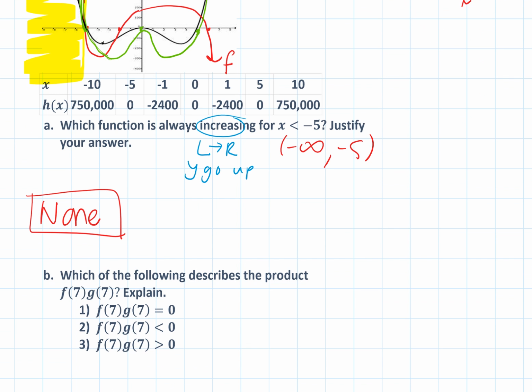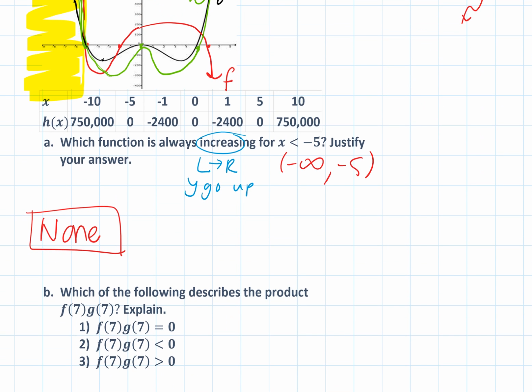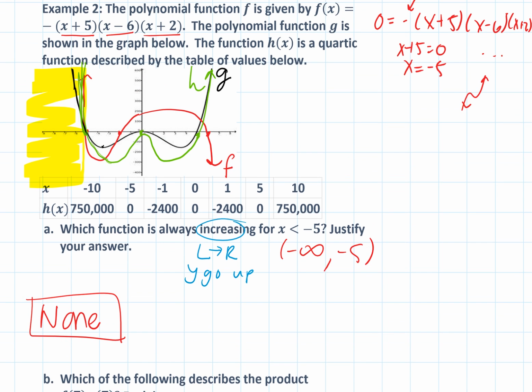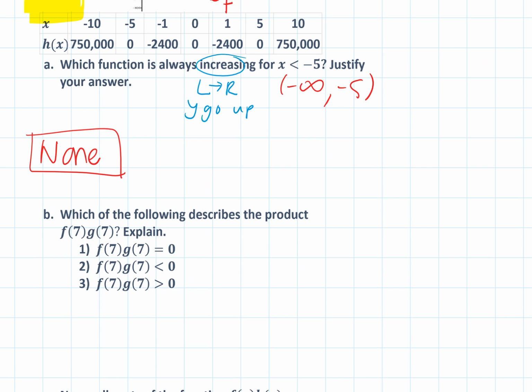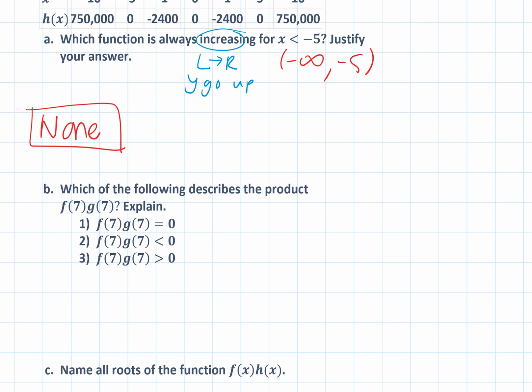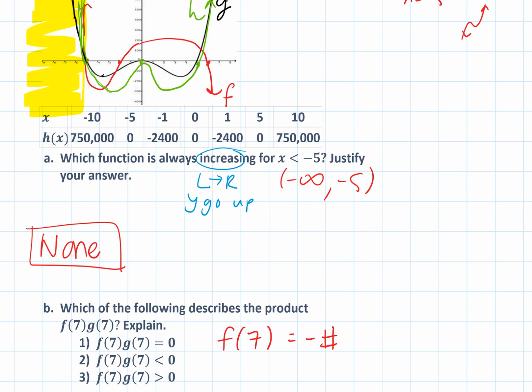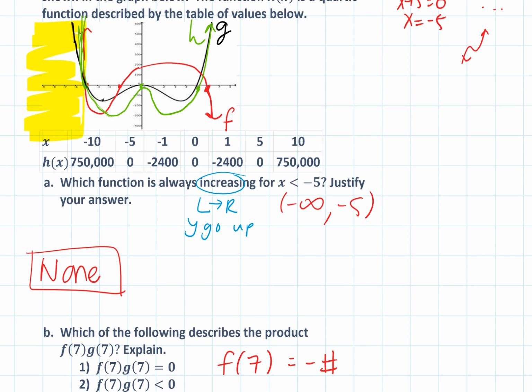Which of the following best describes the product f of 7 times g of 7? Okay, well, let's see. F of 6 is 0. And f of 7, we don't know what it is, but f of 7 must be a negative number, because we see that the function is decreasing or going down after that root at 6.